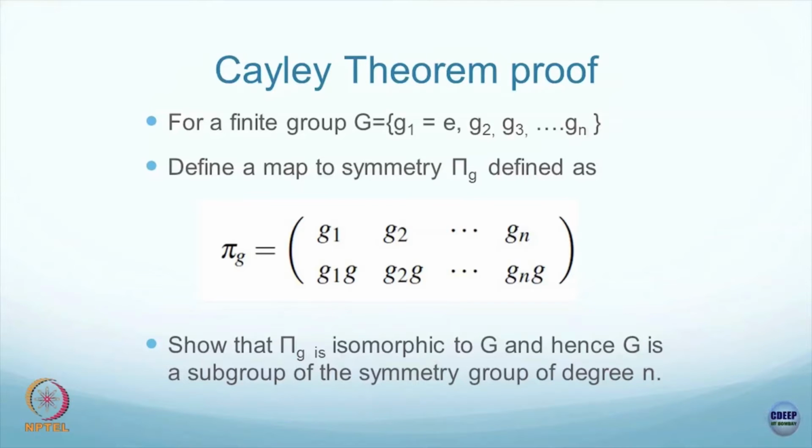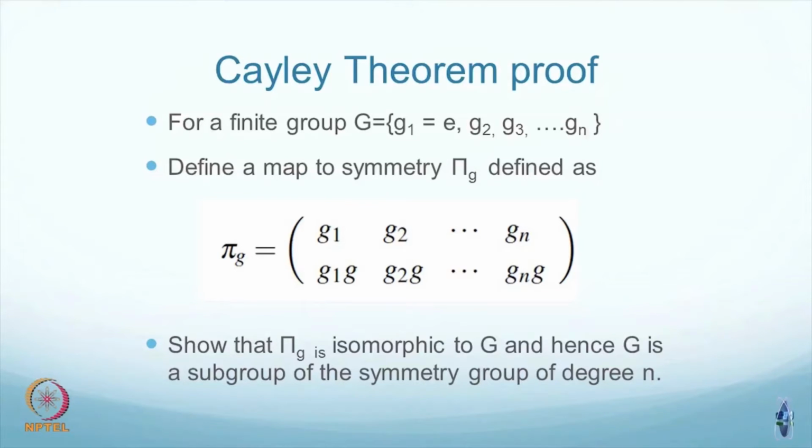So, take a finite group. A finite group will always have an identity element, let me call that G1, okay, and let us take the order of this group to be n. Cayley's theorem says that any finite group will be isomorphic to a subgroup of the symmetric group of degree n.